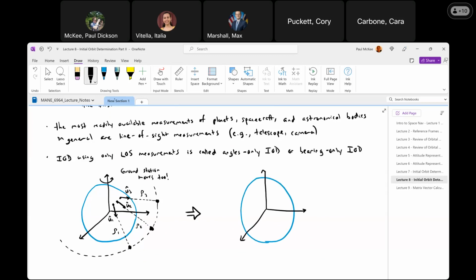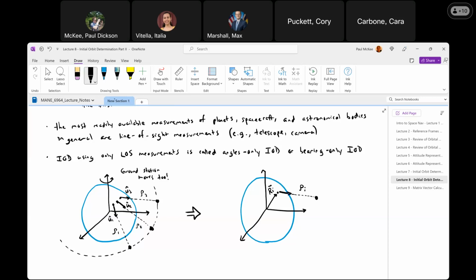So let's just look at this. Here's our ground station. Here's something out in space. I'm going to say that the vector from the center of the Earth to the ground station is Ri. The distance from the ground station to the observed body, which we have no idea what it is, is rho i.